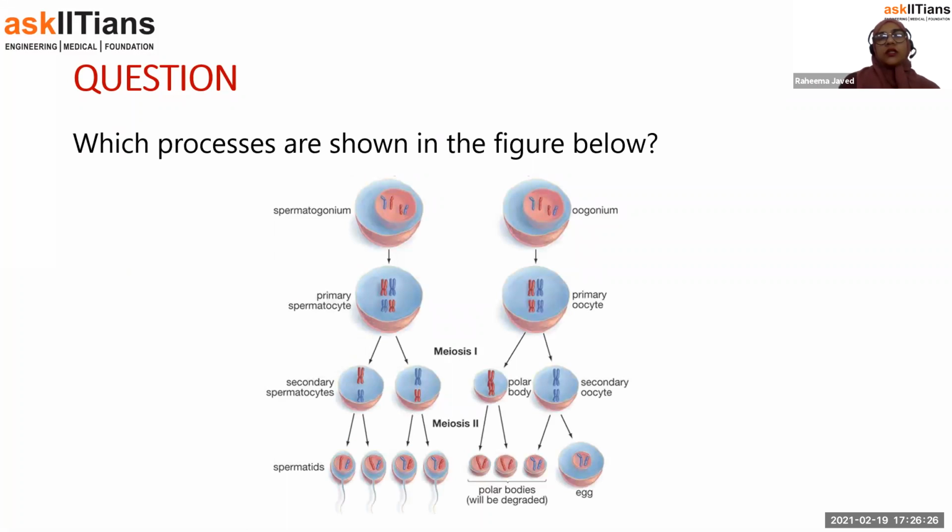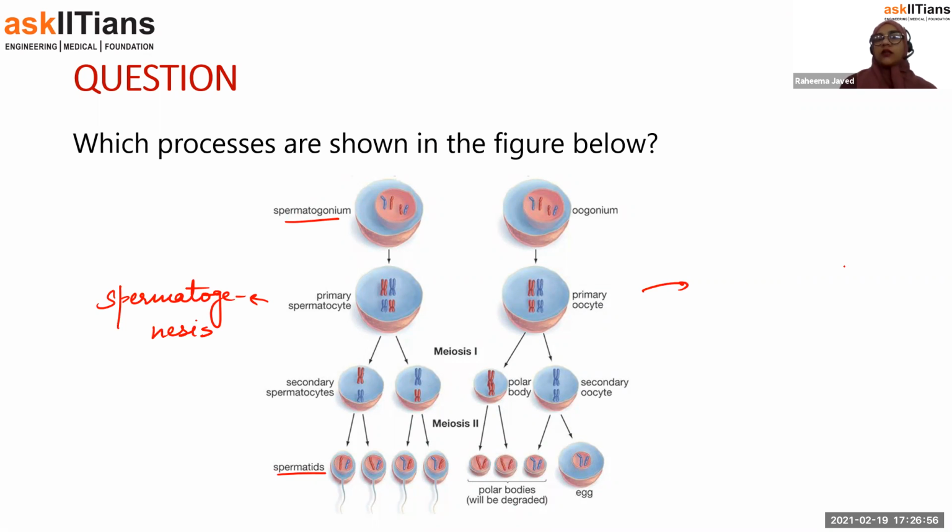The second question is, which processes are shown in the figure below? These two figures are of spermatogenesis and oogenesis. So the first figure, where you see spermatogonium converting into spermatids, and spermatids then developing into mature sperms, is the spermatogenesis process.